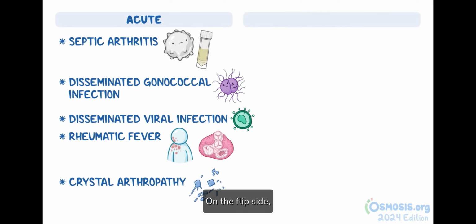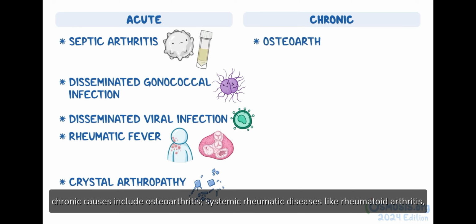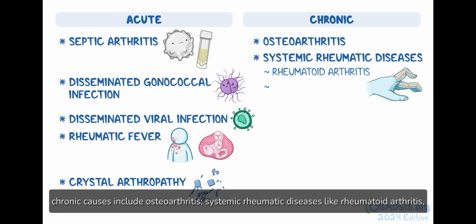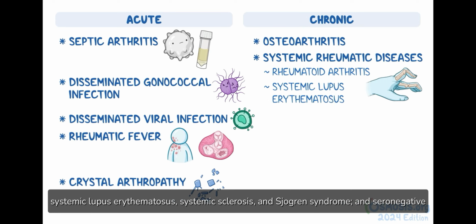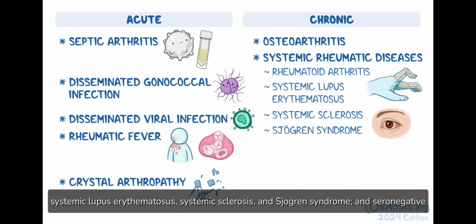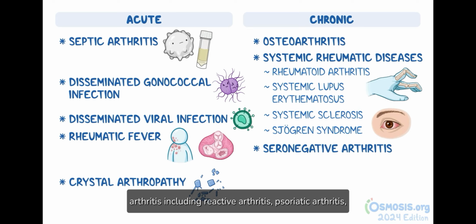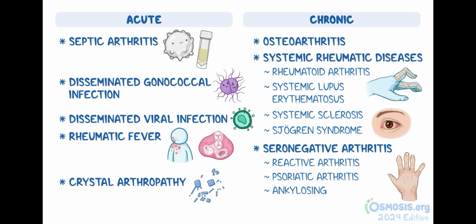On the flip side, chronic causes include osteoarthritis, systemic rheumatic diseases like rheumatoid arthritis, systemic lupus erythematosus, systemic sclerosis, and Sjogren's syndrome, and seronegative arthritis including reactive arthritis, psoriatic arthritis, and ankylosing spondylitis.